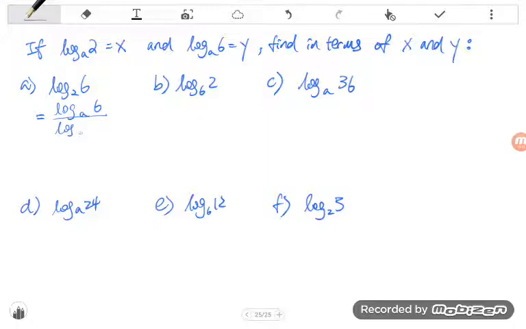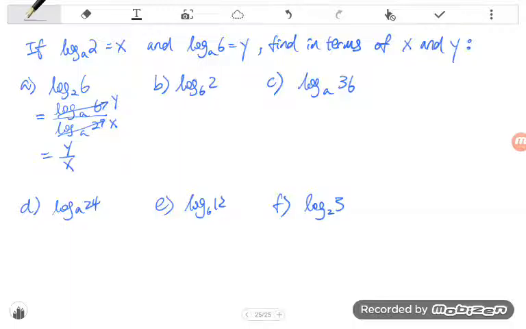So that later, hopefully, we can see something useful. And we do. Log 6 to the base of a, that is my y. Log 2 to the base of a, that's my x. So log 6 to the base of 2 can be represented as y over x.